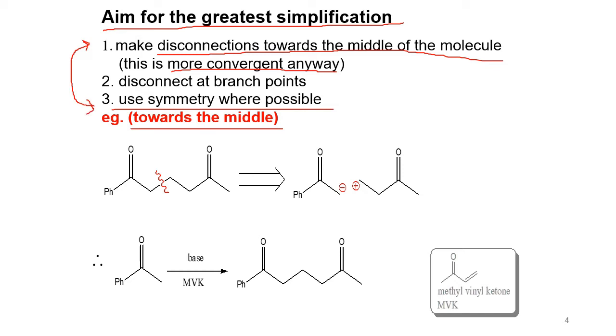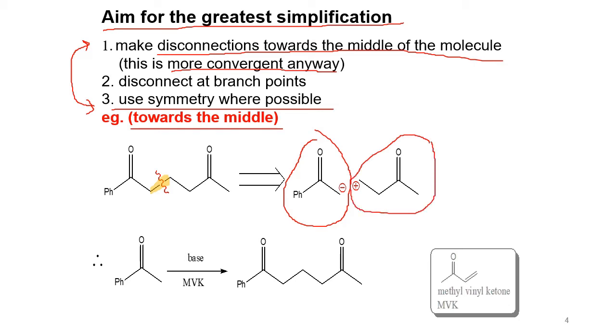Let's take a look at the example here. Now we have this molecule, so we cut it towards the middle. In this case, this part is the middle of the molecule. When we cut it, we get this synthon, and another one here.